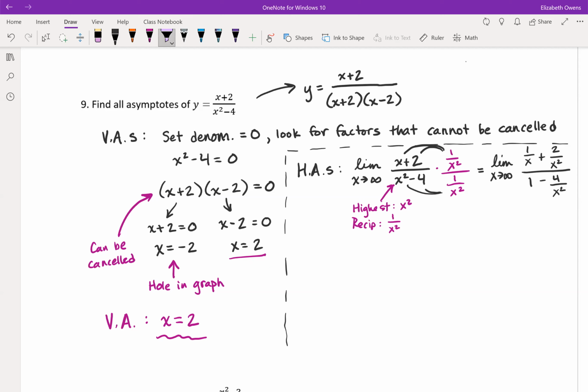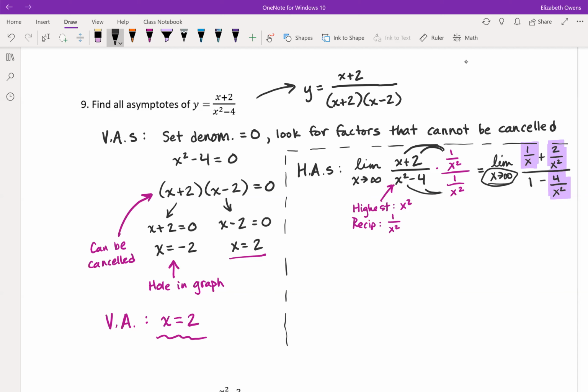Okay, we see some familiar types of expressions, so it's time to use our useful theorem. These 3 terms, 1 over x, 2 over x squared, and 4 over x squared, are all going to approach 0 as x approaches infinity. Or you might note they would still approach 0 if this was x approaching negative infinity.